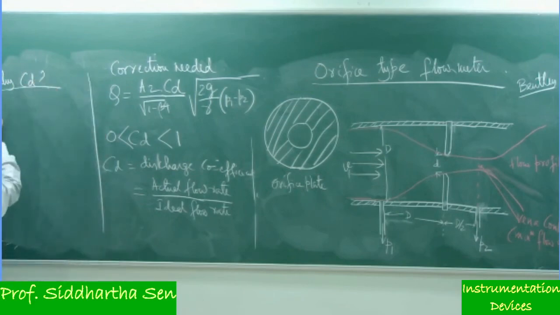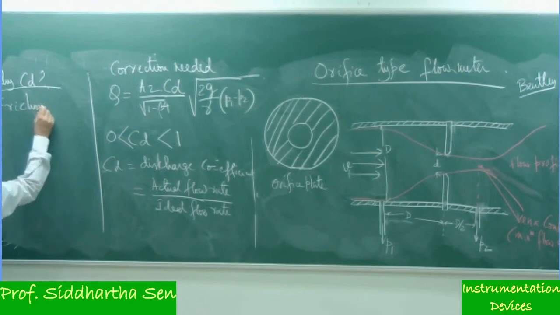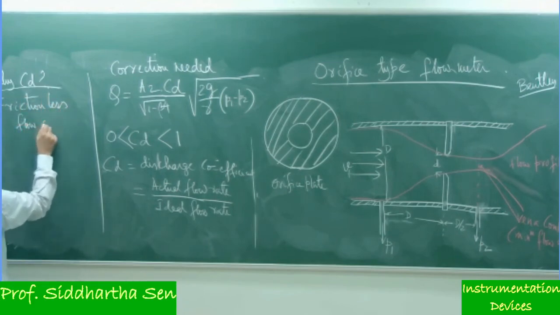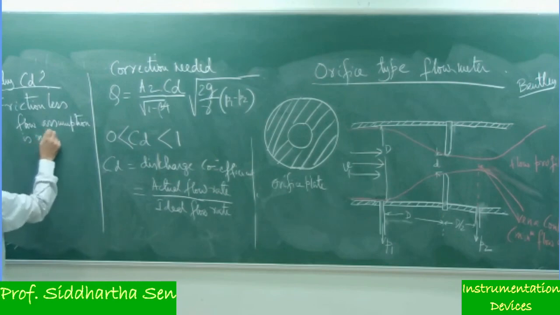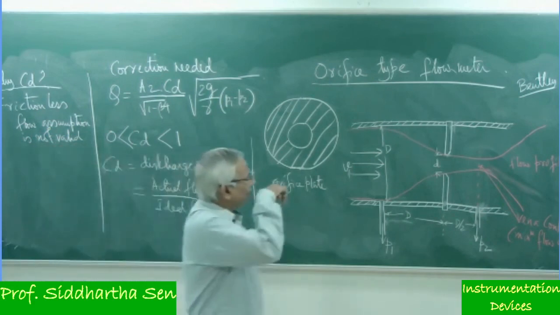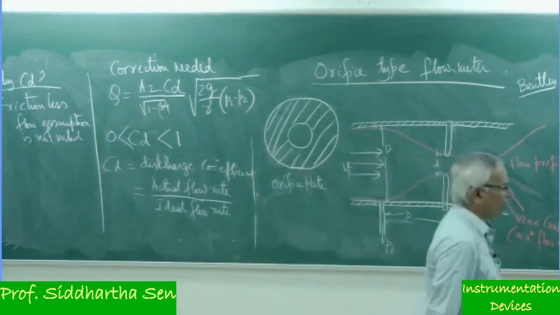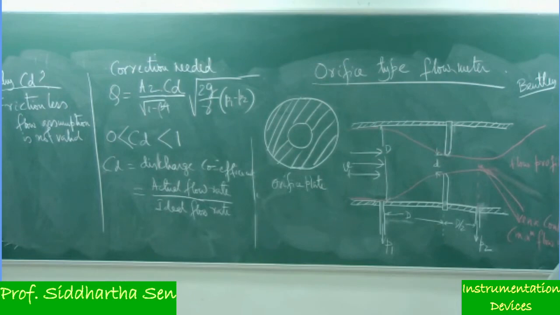Because there are 7 reasons. Number 1 is that the frictionless flow assumption is not valid, because always there would be some friction there, but I have not considered at all the friction there.